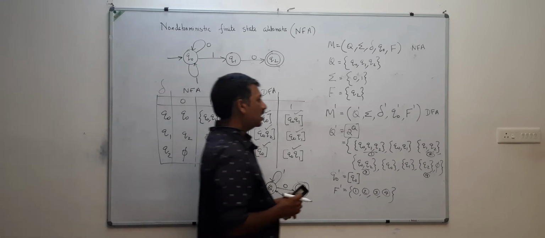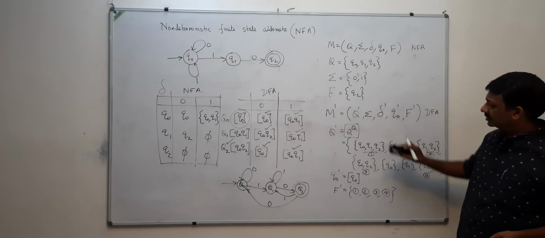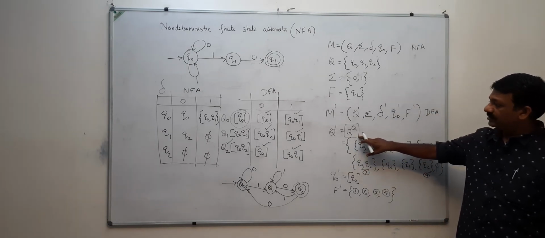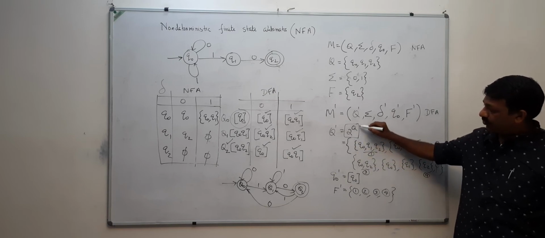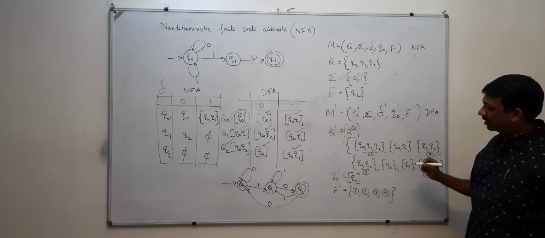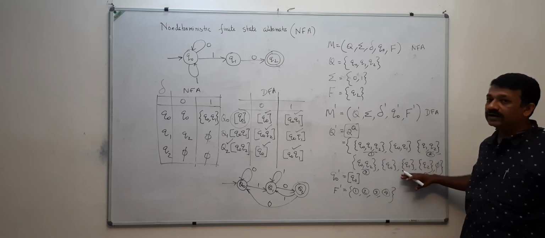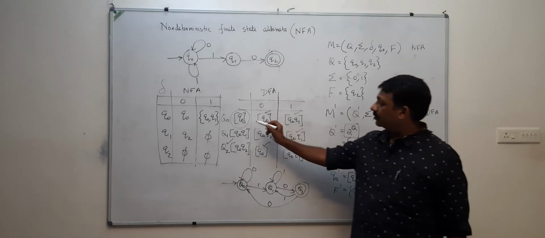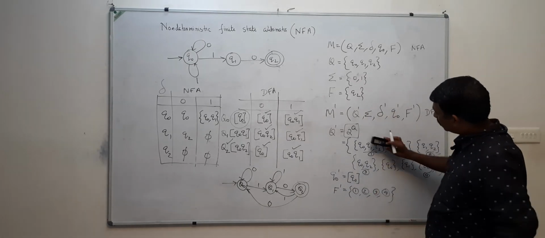And here I am going to redefine this. Q dash is the power set of Q. In that power set you have 8 different sets, but in this case only these 3 are reachable.